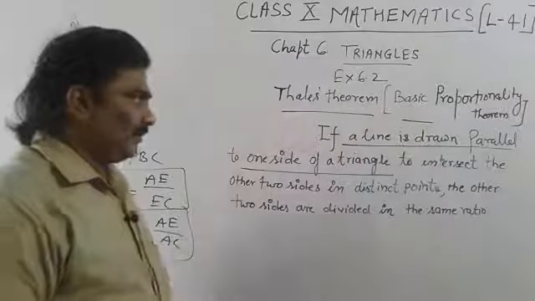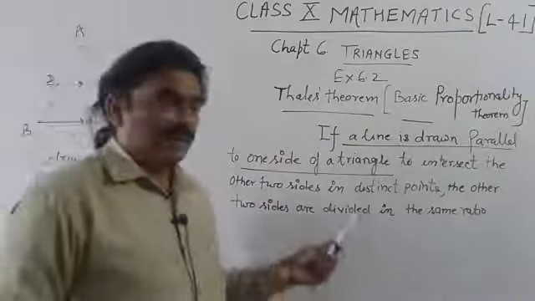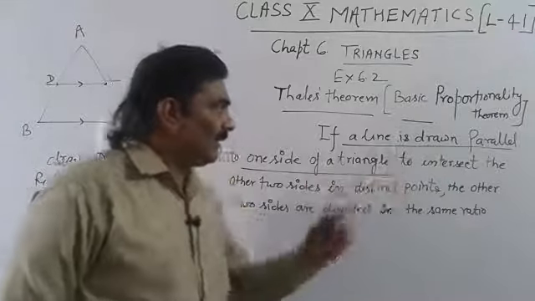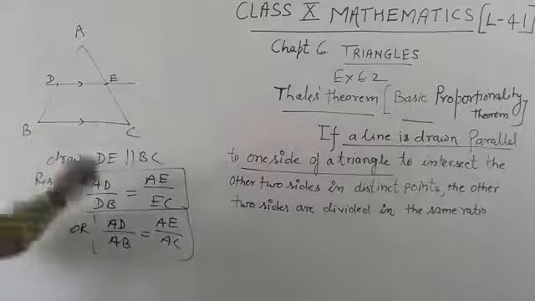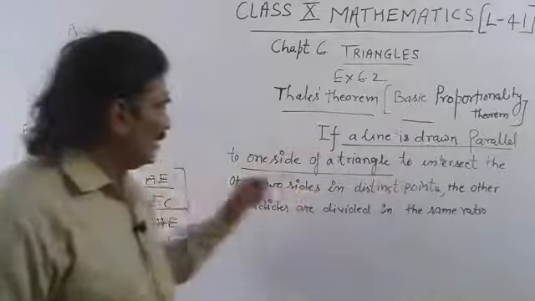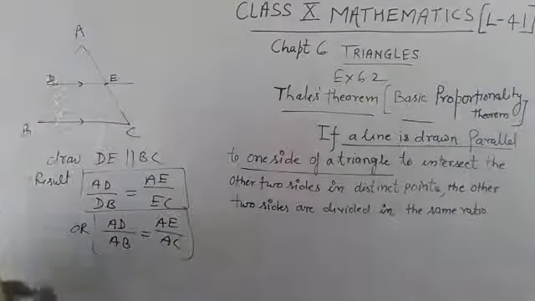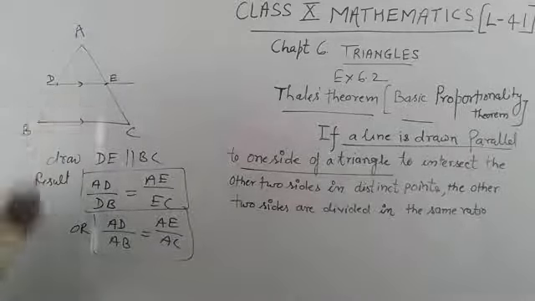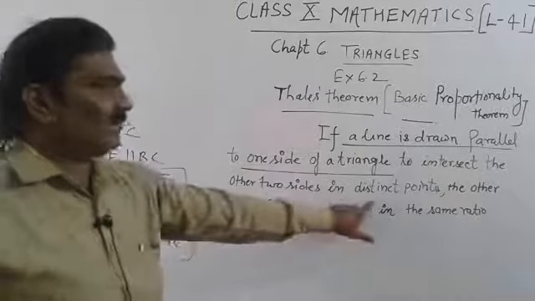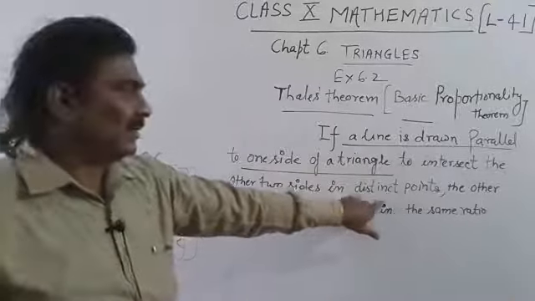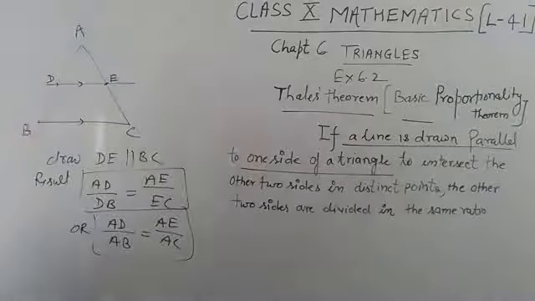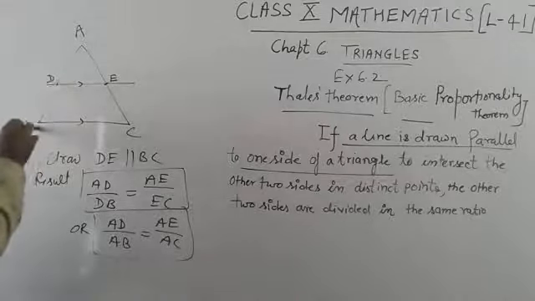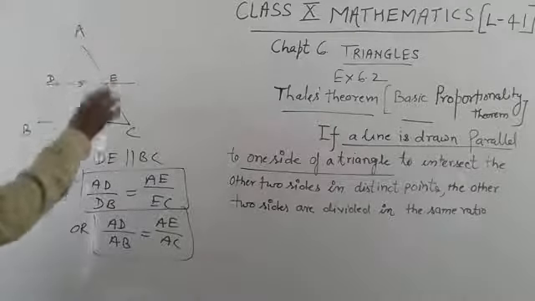Once again, I would like to read: if a line is drawn parallel to one side of a triangle, that is DE, to intersect the other two sides, meaning AB and AC, in distinct points, meaning at different points, the other two sides are divided in the same ratio, that is AD upon DB is equal to AE upon EC.